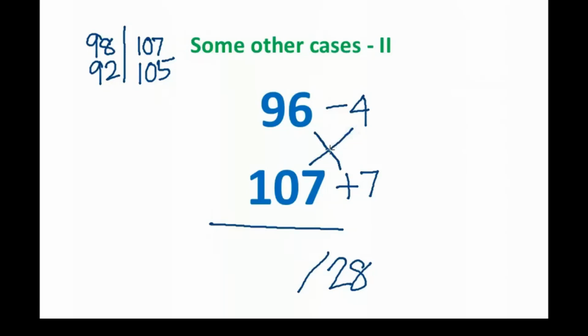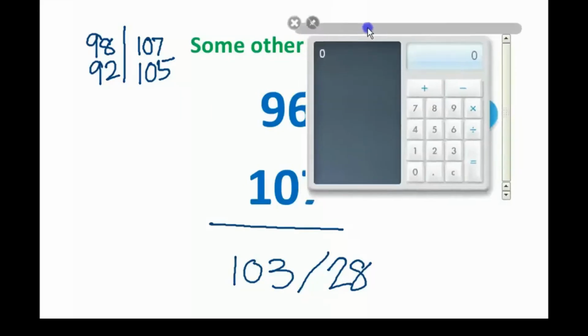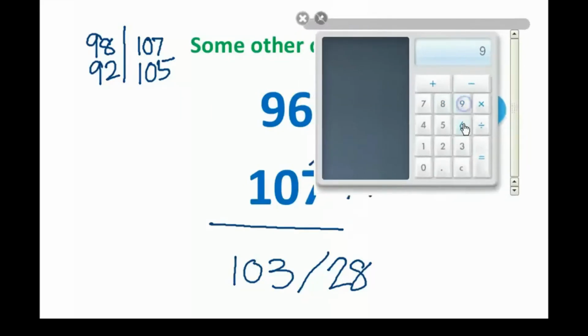And the very beauty that you can see here is again it's all the same. 107 minus 4 gives me 103 and 96 plus 7 also gives 103. So the answer is 10,328. Let's check if the answer is that or not.